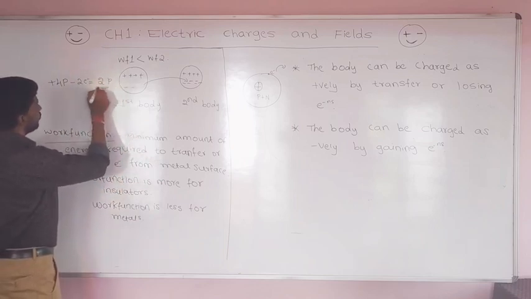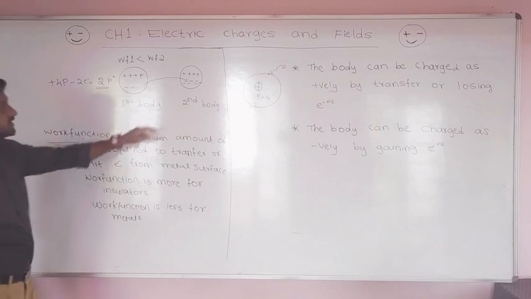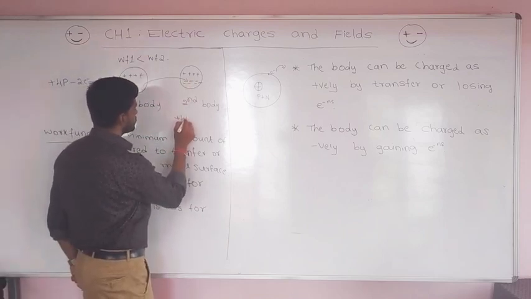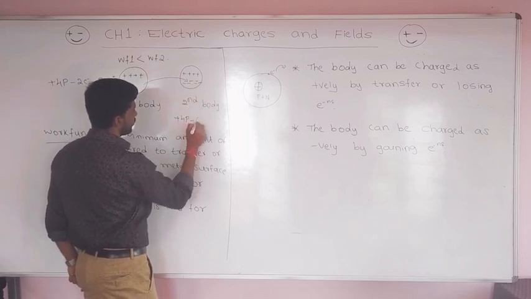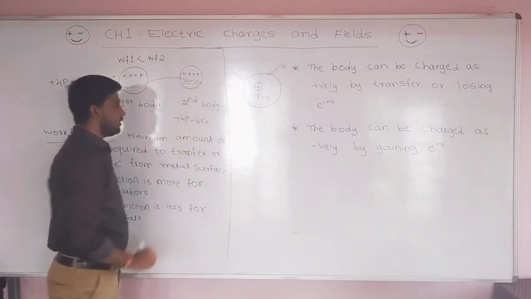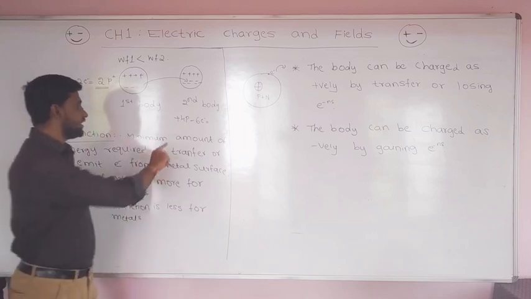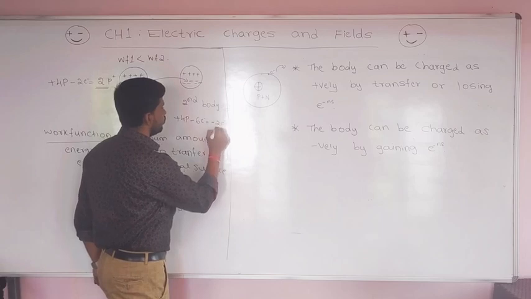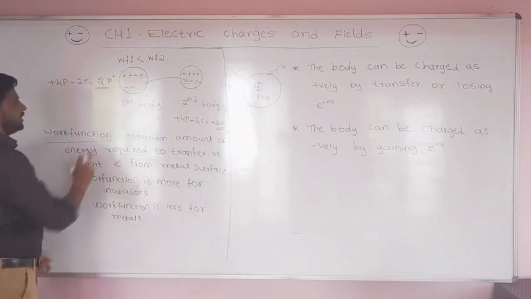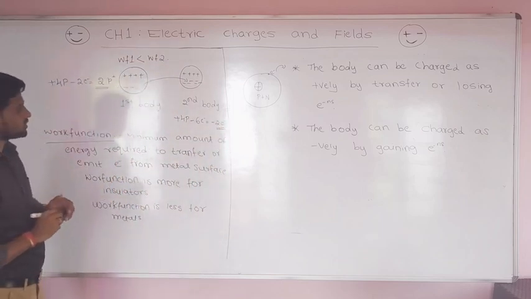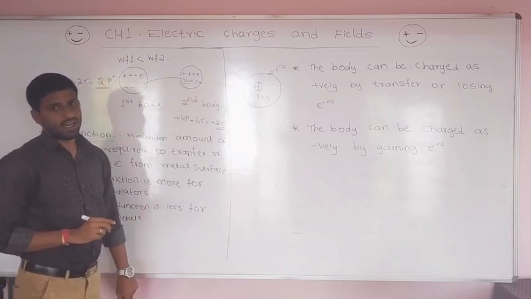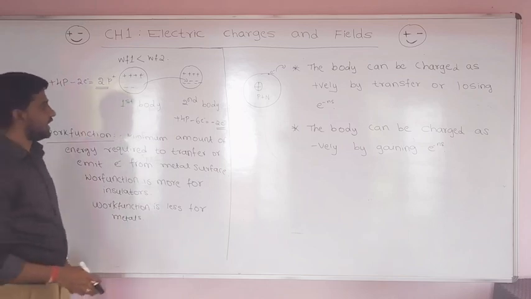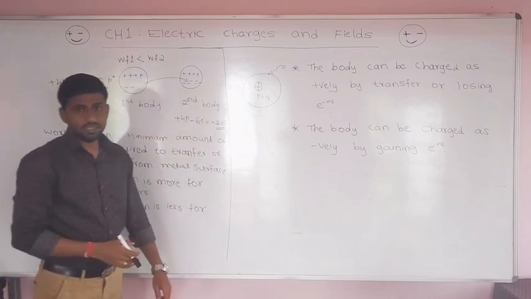In the second body, there are 4 protons and 6 electrons, so the net charge is plus 4 minus 6, that is minus 2, or 2 electrons. So I can tell that the first body is a positively charged body and the second body is a negatively charged body.